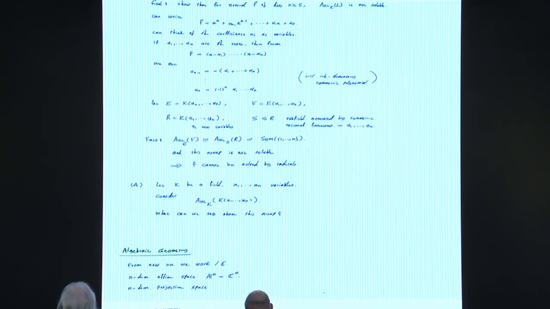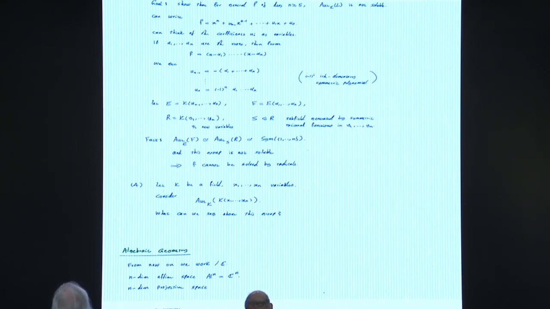And then if I take E to be the field generated by all the coefficients, which are variables here, and take F to be the field generated over E by all the roots, and also I take R to be a new field, the field generated over K by a new set of variables, and S inside R to be the subfield generated by symmetric rational functions. So they are not polynomials, but quotients of polynomials.